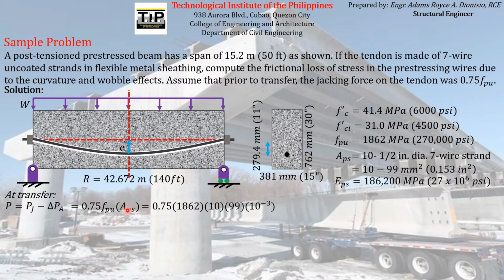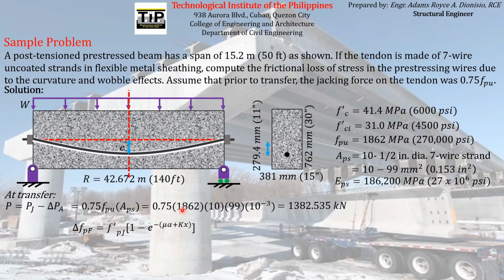Substituting the corresponding values, FPU is given, the APS is given as 99 mm squared each, and there are 10 of those 7-wire strands, so we multiply 99 mm squared by 10. The product will be in Newton, so we divide it by 1000 to make it in kilonewton, which is equal to this. That will be the expected pre-stressing force acting on the jacking end that will be transferred to the concrete element at transfer stage.